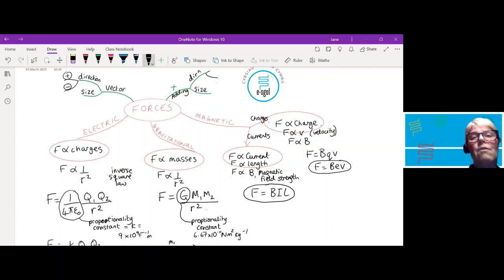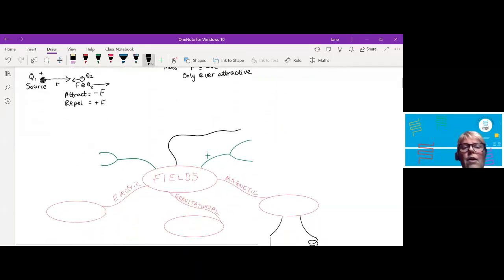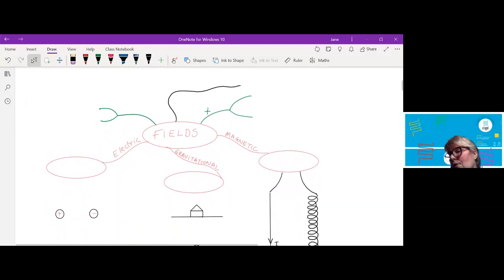So we have to resolve any components into suitable directions, right angles to one another. And that is often the difficulty. It's no good just adding the sizes up. We can't do that. We have to add the components that are in the same direction. All right, okay, so now let's move on to fields.